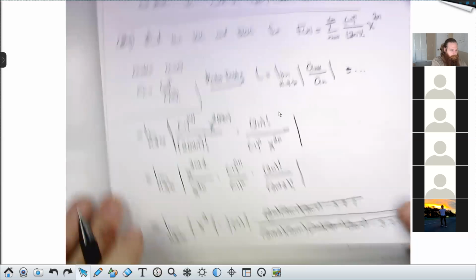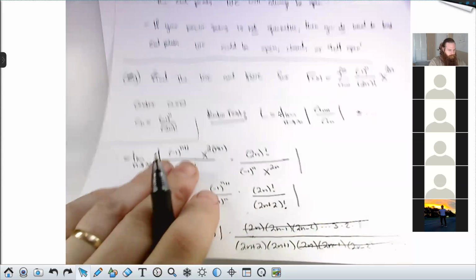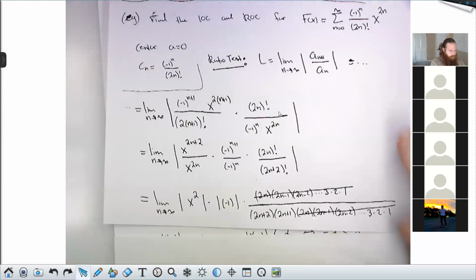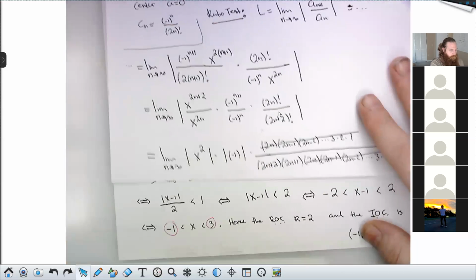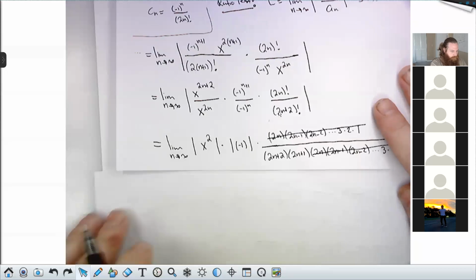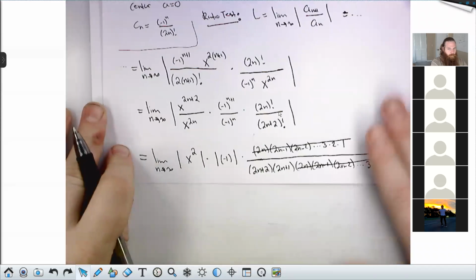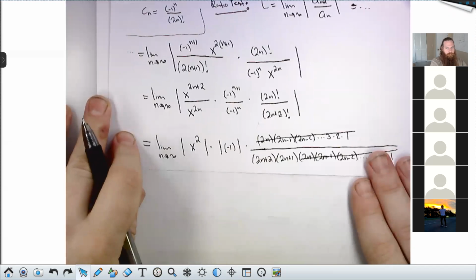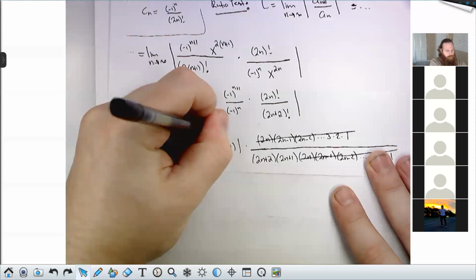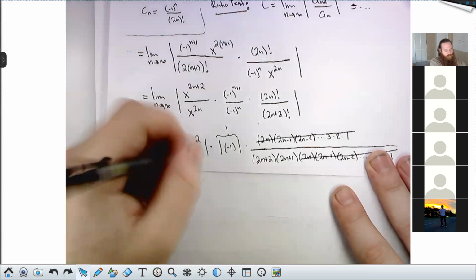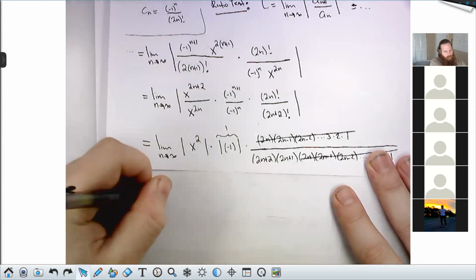So what we get for our ratio test limit here, the absolute value of -1 is 1. The absolute x squared can come out.